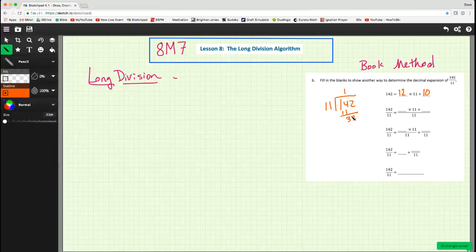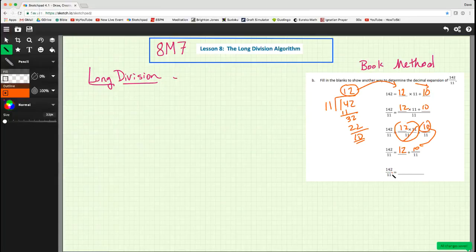11 into 32 doesn't go 3, it goes 2 times. So then you put this 12 here, and then you have your 2 times 11, 22. You have your remainder of 10, and so you put your 10 here, and then you say, well, 12 over 11, 10, and then you divide both sides by 11, and then you say, well, this is still 12 times 11 plus 10 over 11, and then you have this part here, we cancel the 11s, and you get a 12 here, and you take your 10 and you put it here.